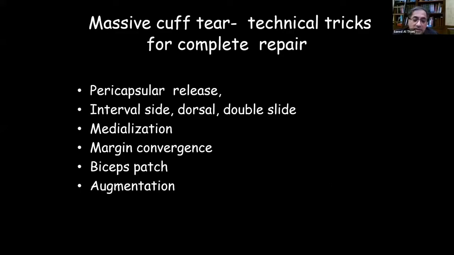You have to see that you're taking the full thickness, because sometimes you can get fooled by having only the superficial layer. Sometimes you need to medialize the medial anchors to shorten the distance for the cuff to repair. Tricks like marginal convergence for longitudinal split, and other augments like the biceps patch and augmentation with tissue.